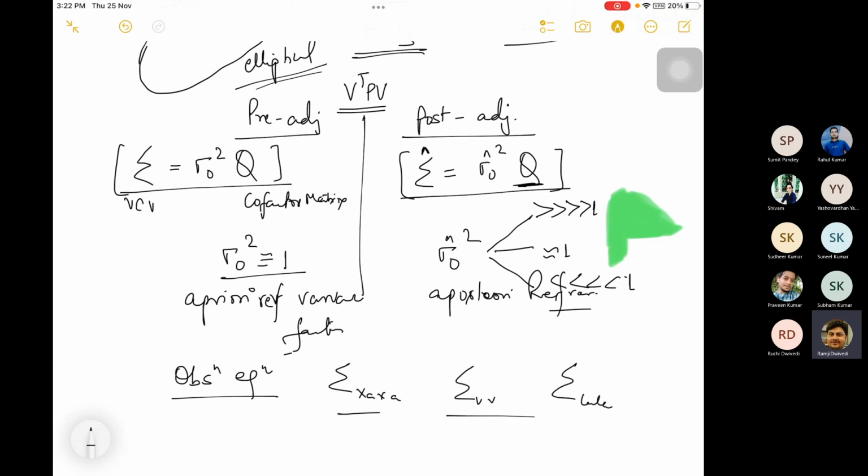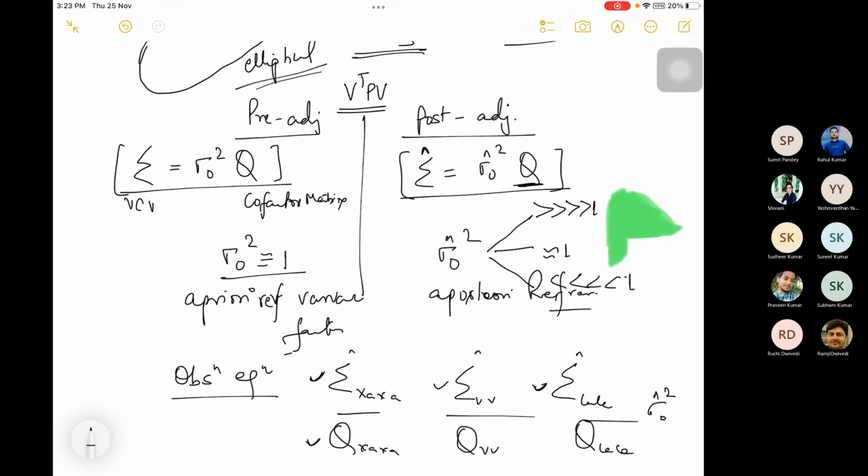You have all these matrices post-adjustment. And when you have QXA, QVV, or QLA, using these you will find the sigma naught square hat, converting from the a priori to the a posteriori. This will be based on the numerical solution you achieve while performing the iteration.